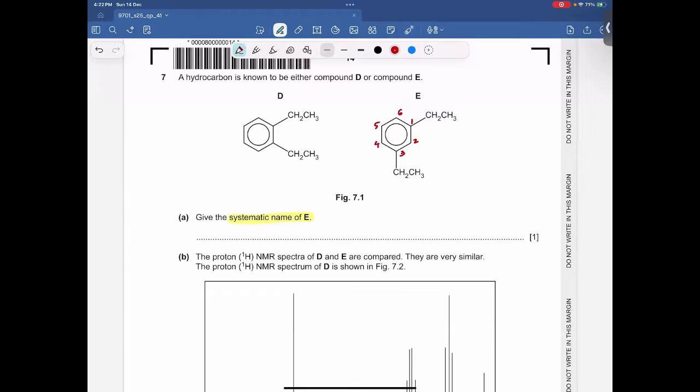One ethyl is attached on the first carbon, second ethyl is attached on the third carbon. So its systematic name is 1,3-diethylbenzene.